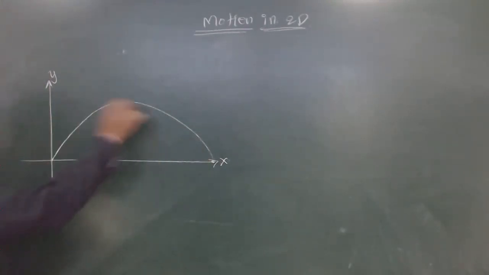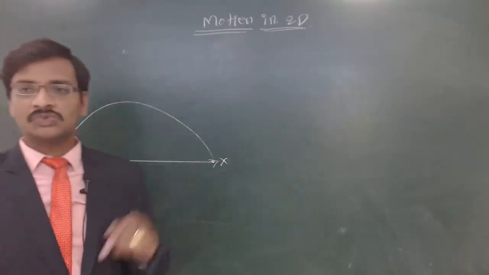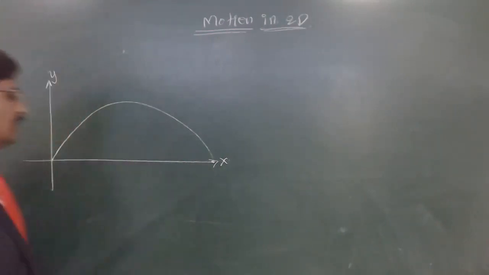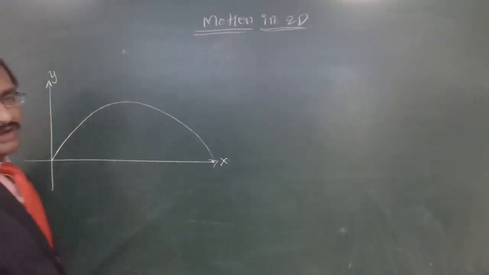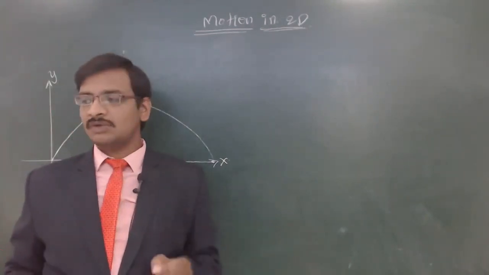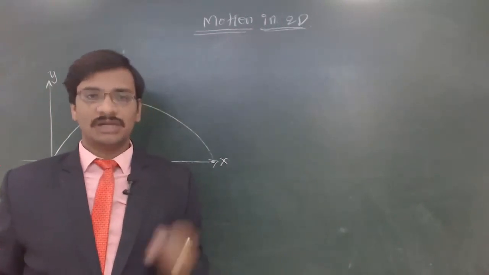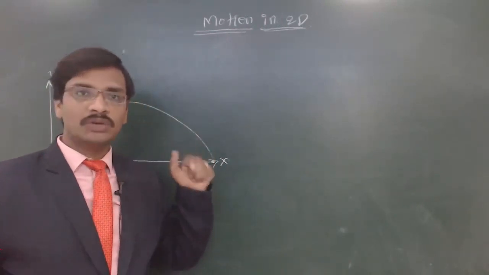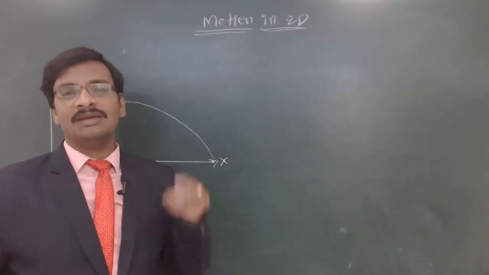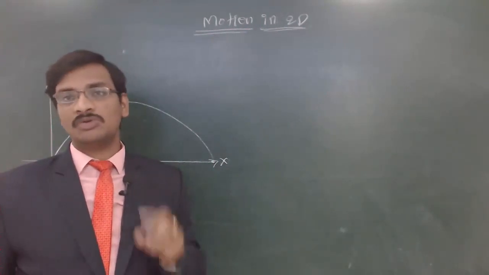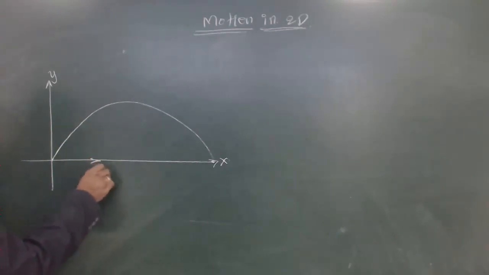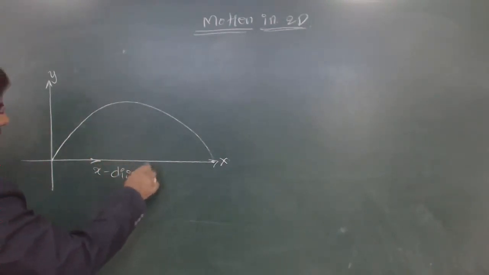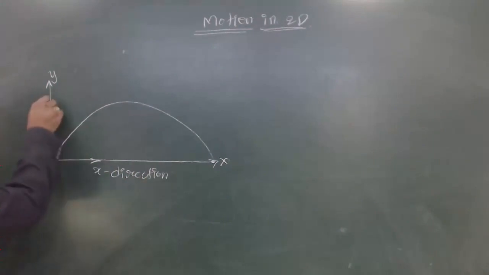Now this path is going to be a parabola, which we are going to prove now. See this. Here the particle is moving in a curved fashion, but we know the analysis of only one-dimensional motion. But here the particle is moving in a curved fashion in a plane, so we have to worry about two different directions. This is the x direction and this is the y direction.